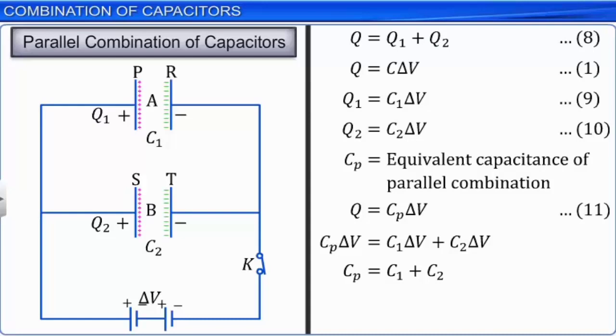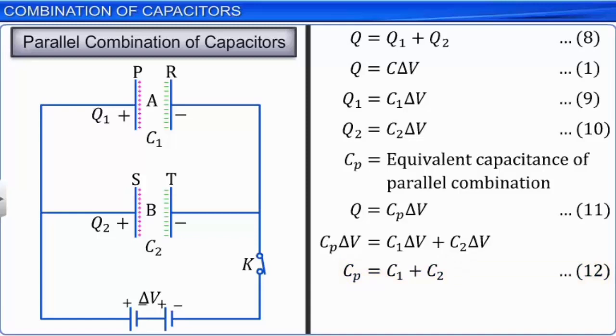The equation 12 gives the relation between the equivalent capacitance for the combination of two capacitors connected in parallel and their individual capacitances. The equation can be extended for any number of capacitors with different capacitance values connected in parallel.